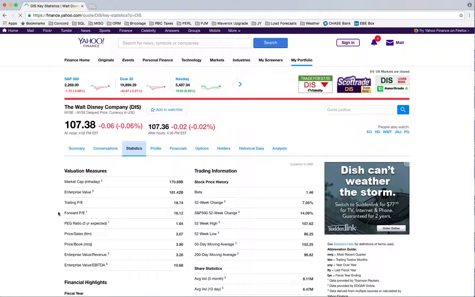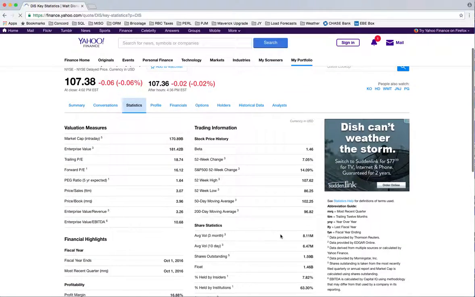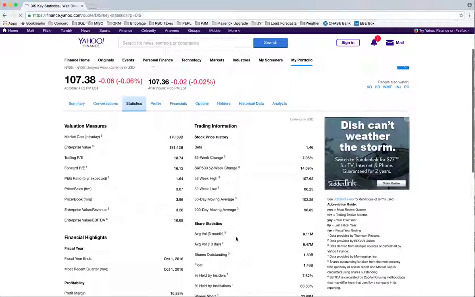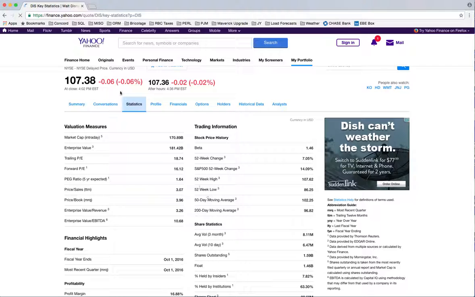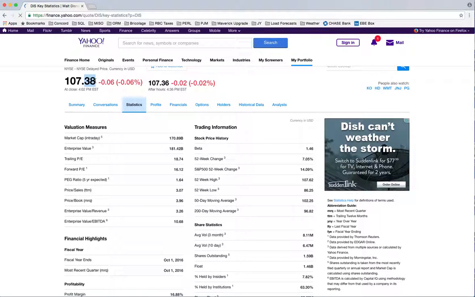That's 170.89 billion. So part of the reason why this thing has changed by so much value is, when I looked at it this morning, it was right at $107. It's added about 38 cents. I think it's probably more like 35 cents. I don't know, but let's call it a third of a dollar. But it's done that on 1.5 billion shares.